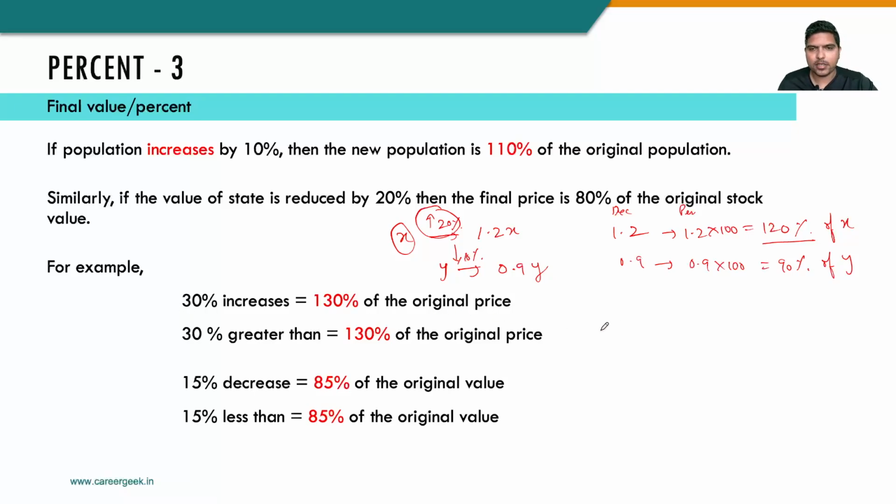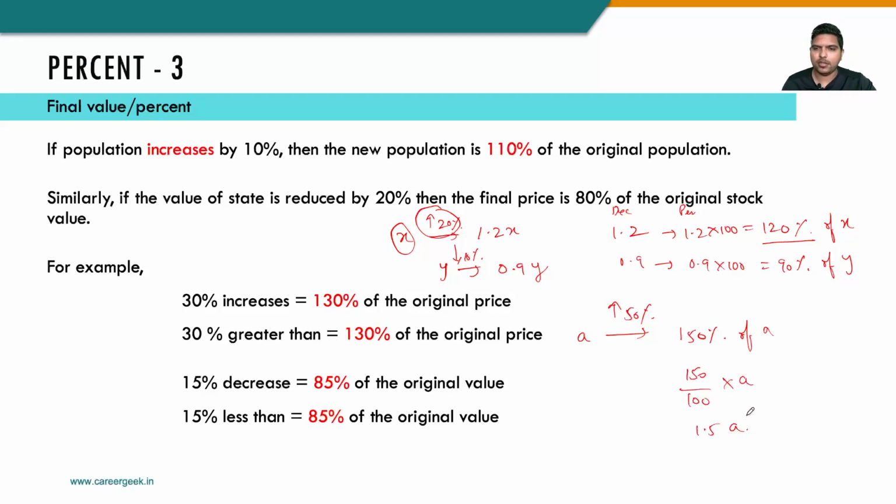If someone is comfortable, it becomes quite easy. Let's say A increases by 50%, what is the final value? 100 plus 50, 150% of A. If you want to convert percent to decimal, you just divide by 100, or you just put two decimals, 1.5.